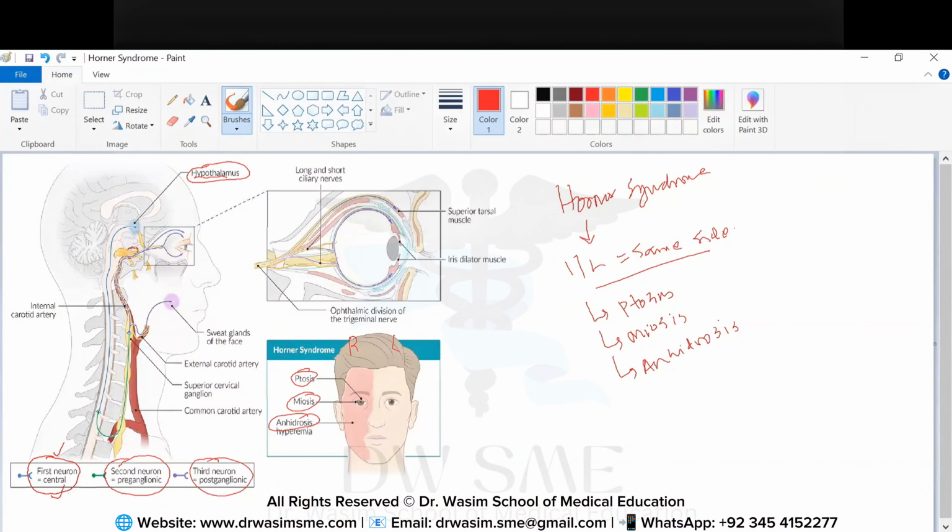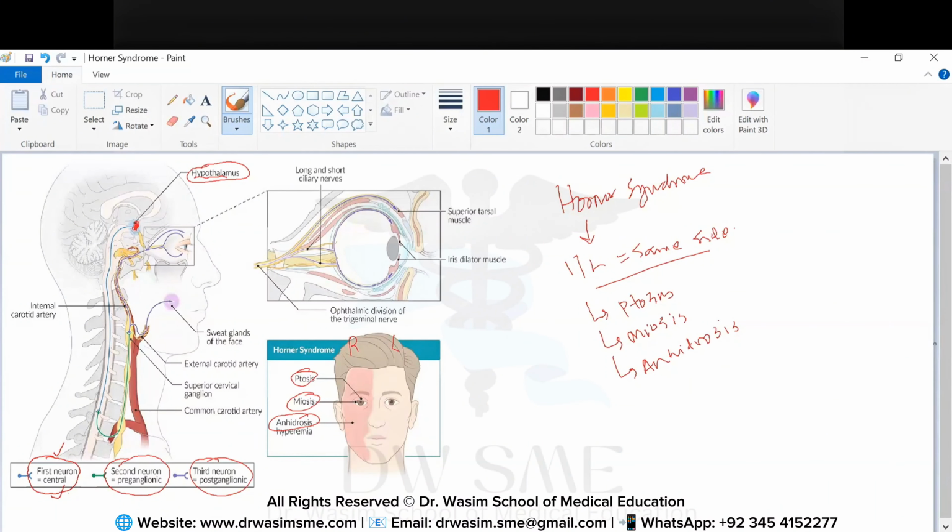And what are the common reasons that may occur in this first neuron or central Horner syndrome? The first thing is a lesion in the hypothalamus. If there is a lesion in the hypothalamus, it may cause Horner syndrome.